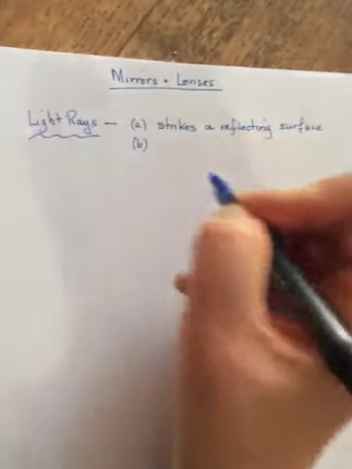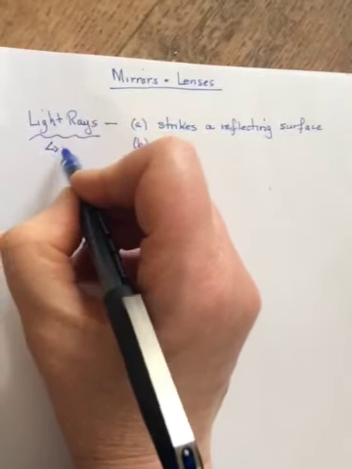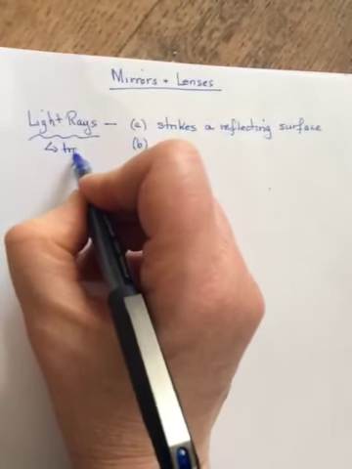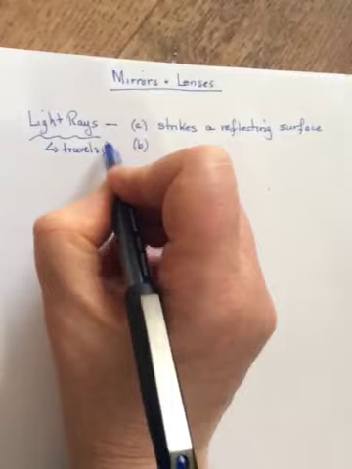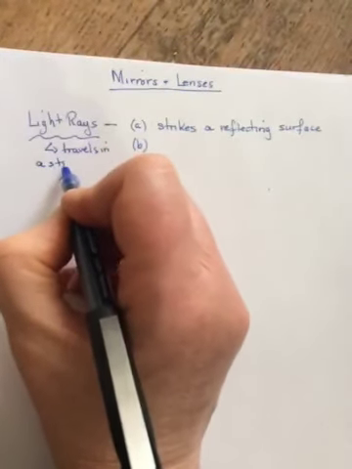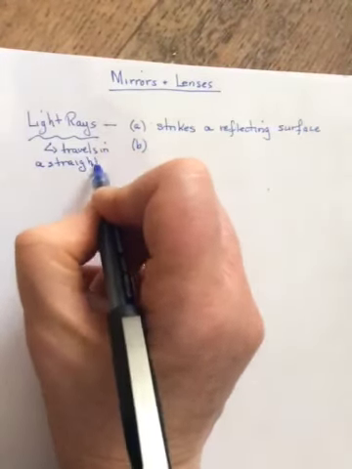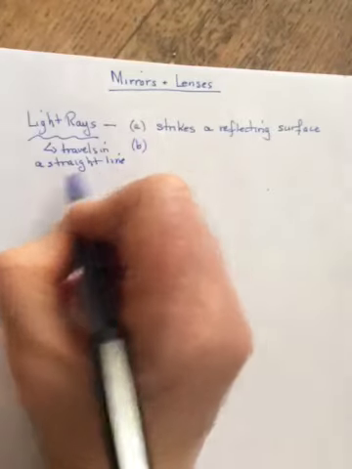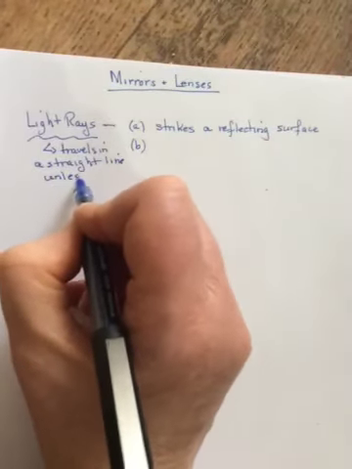The other time that light travels in a straight line, unless. And then these are the two unlesses.